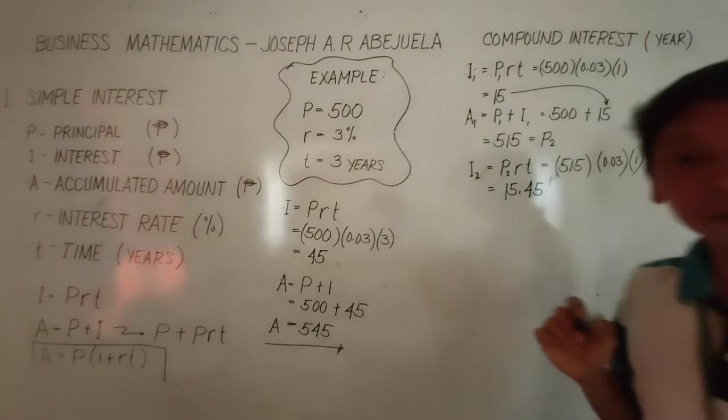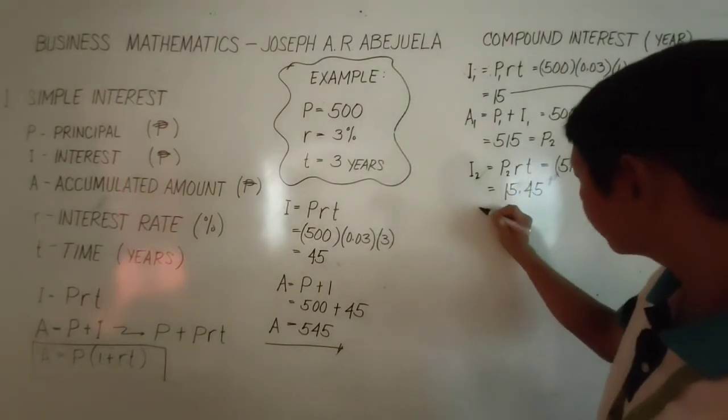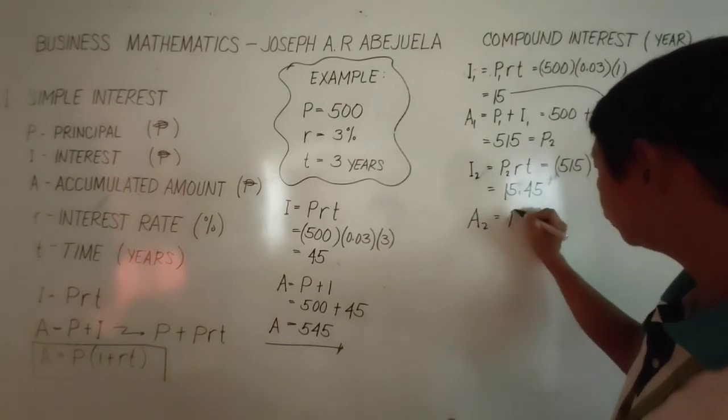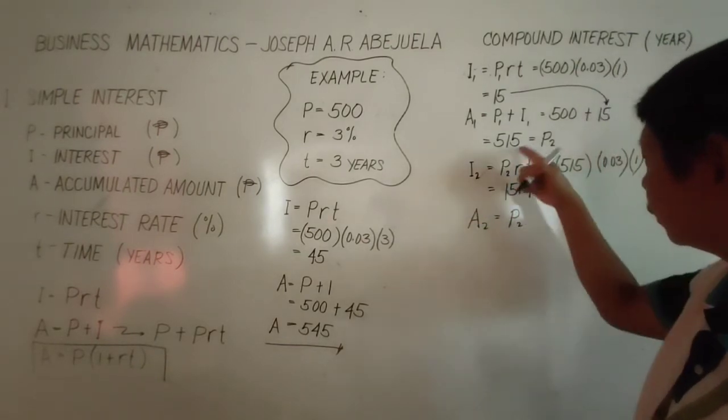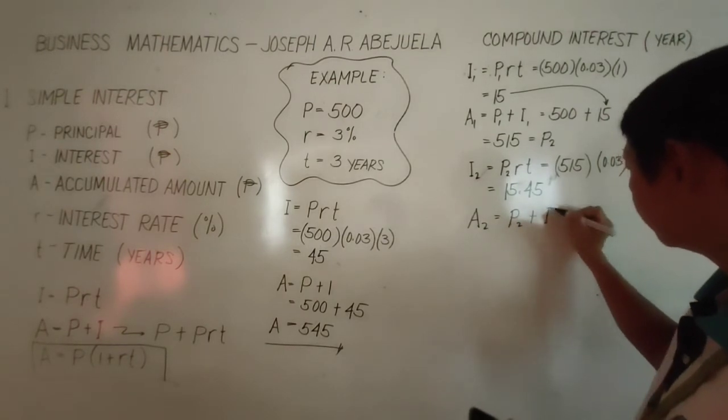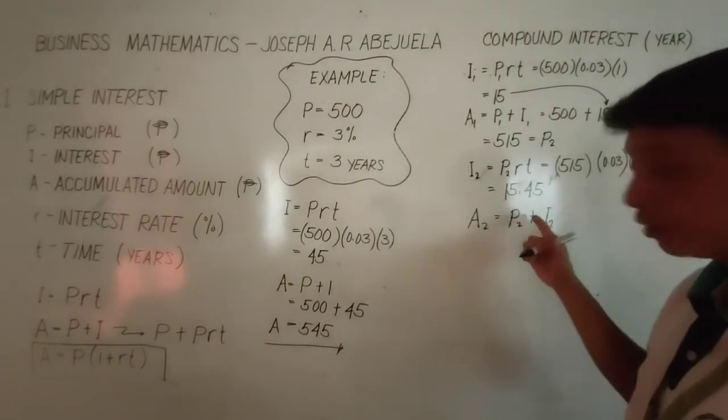So in computing for the accumulated amount, we have A2 equals P2, principal for the second term, plus the interest amount on the second term.